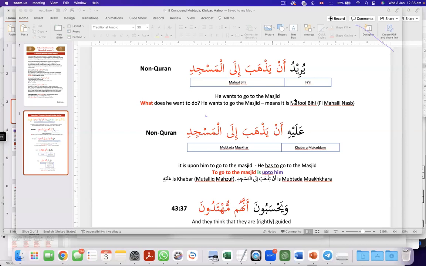So the khabar muqaddam and mubtada mu'akhar confused me. Muqaddam means something to come at the beginning instead of at the end. Khabar normally remains. I'm not sure where the mubtada is. It confuses me because mubtada is supposed to be definite, right? So why is an yadhhaba ila al-masjidi the mubtada? When we are talking about a compound, then forget about it.